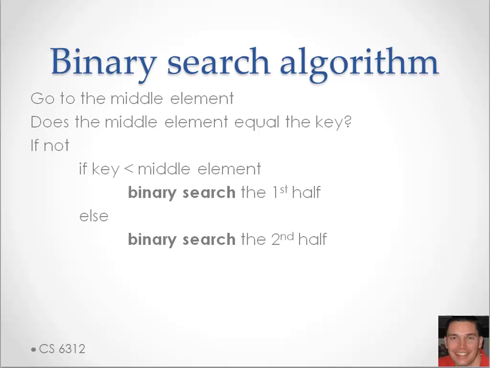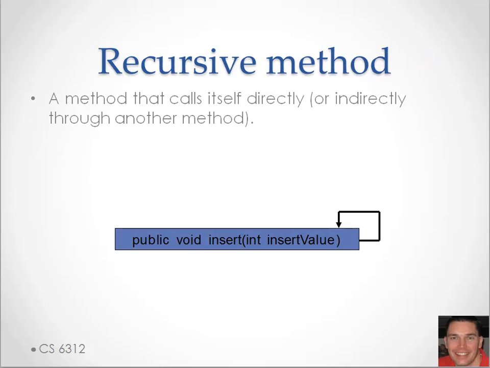So this idea of a method calling itself is known as a recursive approach or a recursive method. A definition of that is a method that calls itself directly, or indirectly through another method. So an example here, we've got this public void insert, and insert would end up calling the insert method within that. We'll get a greater understanding of this as we work through some examples in this lecture.